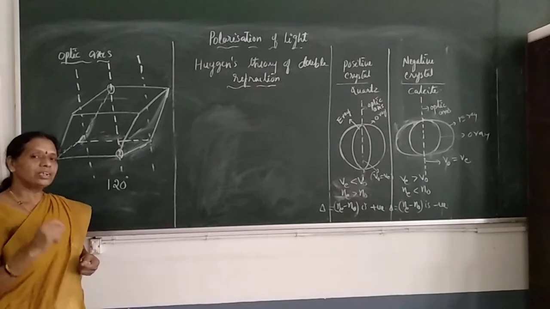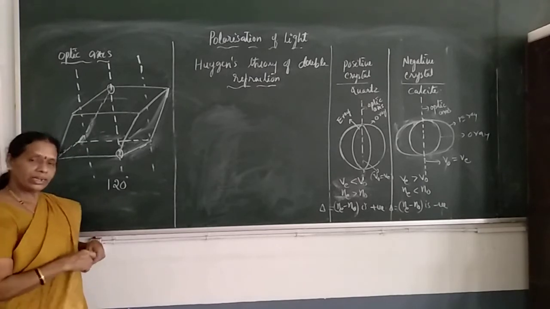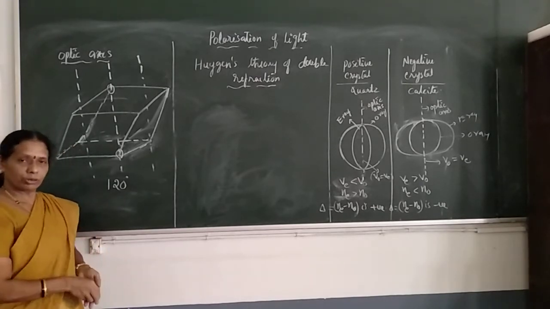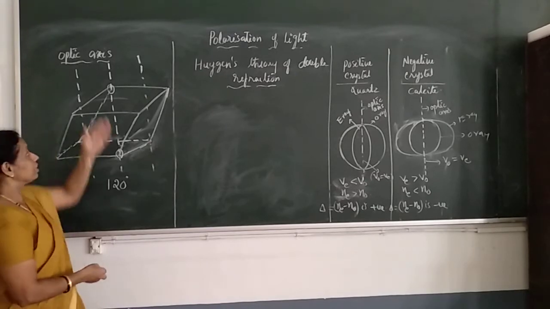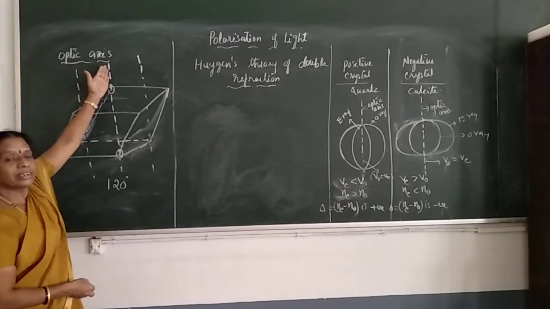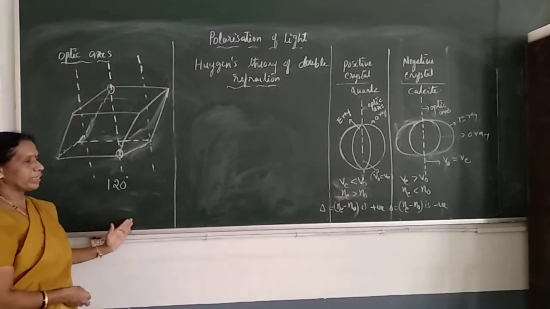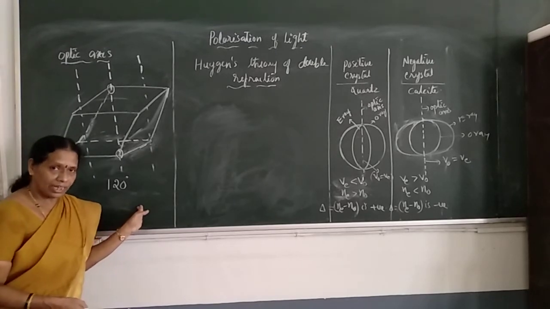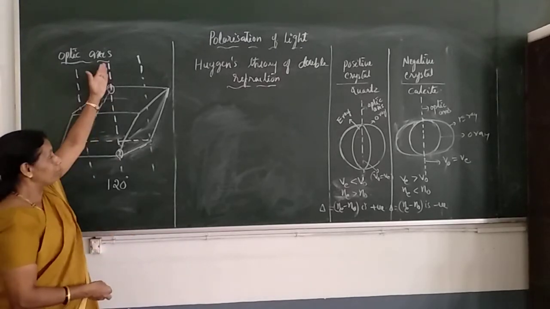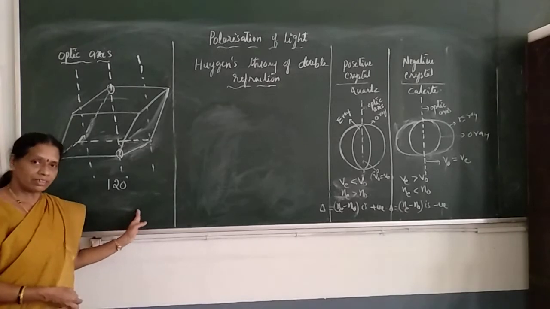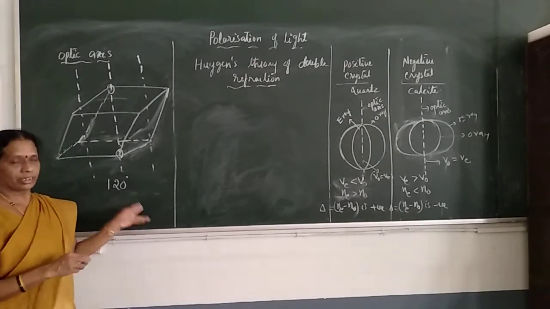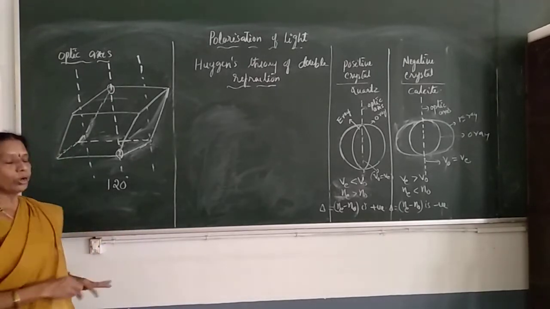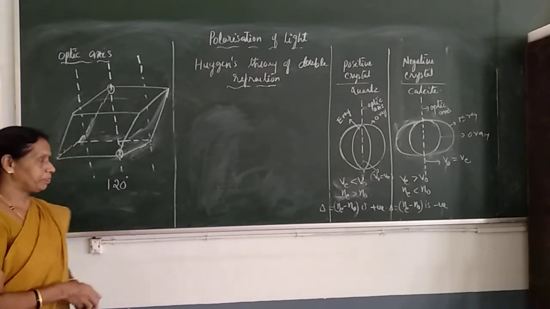Why does double refraction not occur? What would be the reason? Because the light travels with the same speed along the optic axis. Since both the rays, E ray and O ray, travel at the same speed along the optic axis, no double refraction occurs along it. This is about the optic axis of a crystal.